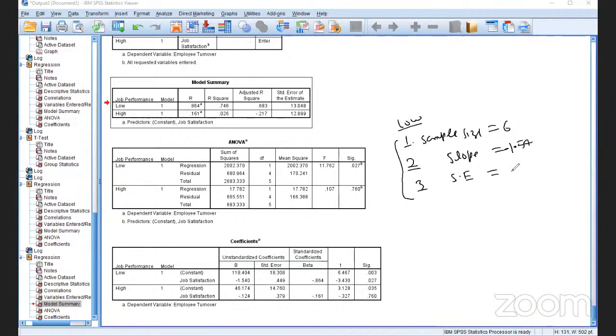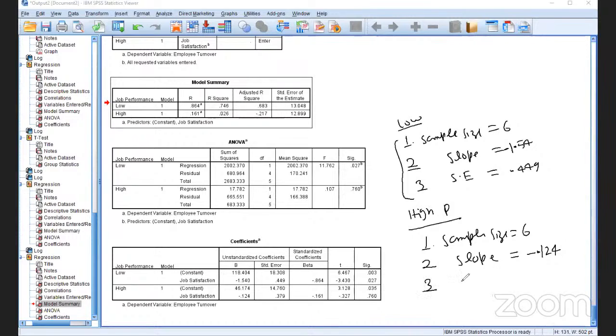What is the standard error? 0.449. Same for high performers: we will take the 3 values. The sample size is 6. The slope is minus 0.124.